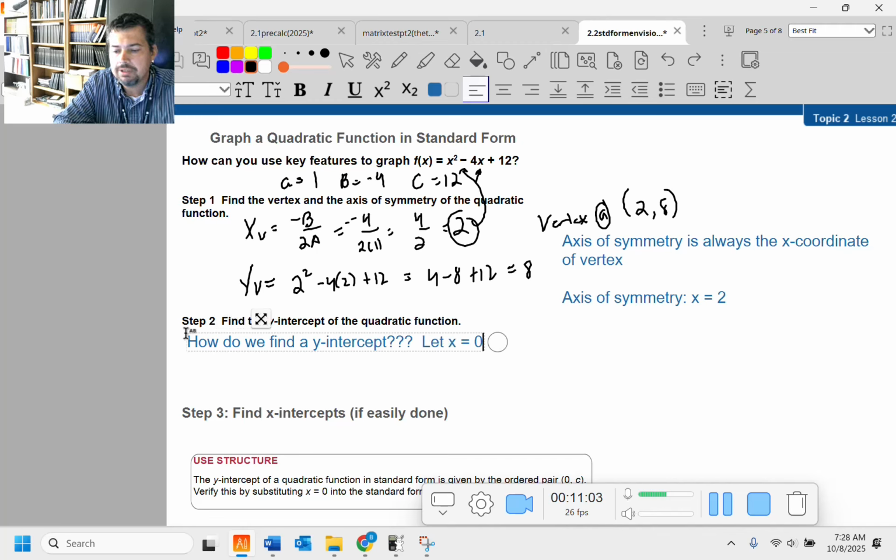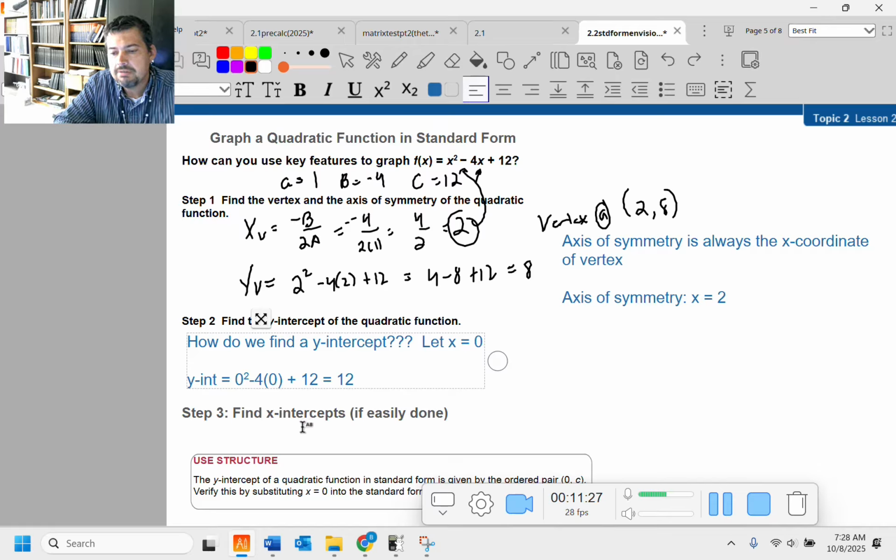You let x equal 0. So the y-intercept is going to be found whenever x happens to be 0. And we get 12. No surprise there to me. It's always going to be this last number if you're in standard form. But we get a 12 back.